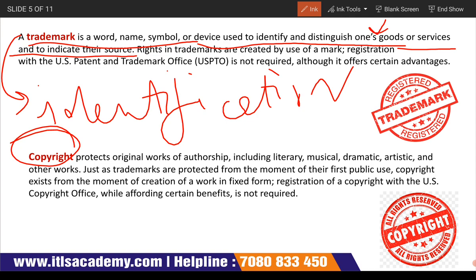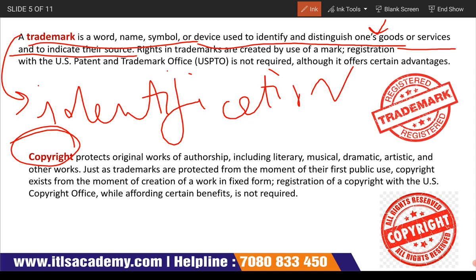Copyright protects original works of authorship, including literary, musical, dramatic, artistic, and other works. Just as trademarks are protected from the moment of their first public use, copyrights exist from the moment of creation of the work in fixed form. Registration of copyright with the US Copyright Office, while affording certain benefits, is not required.